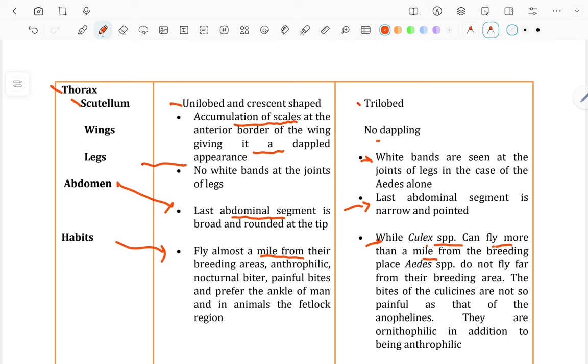The bite of the culicines are not so painful as that of the anophelines. They are ornithophilic in addition to being anthropophilic.